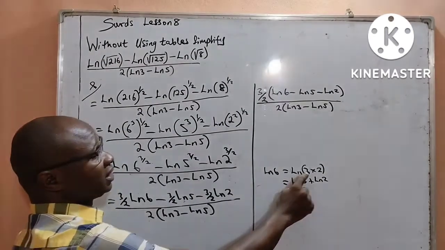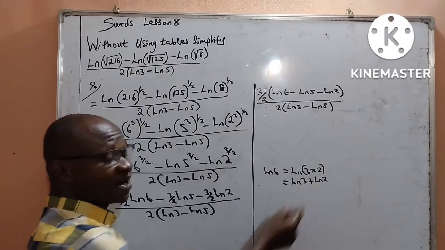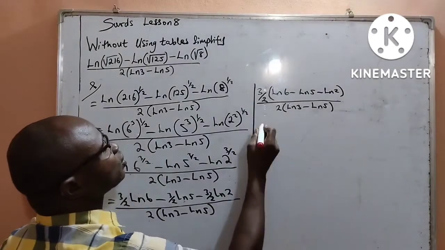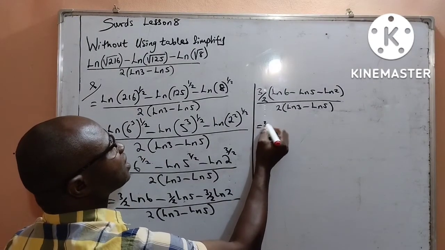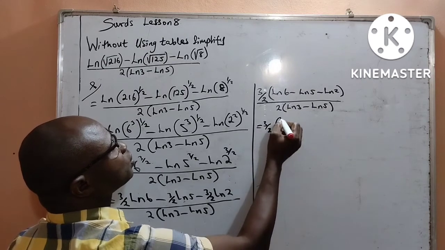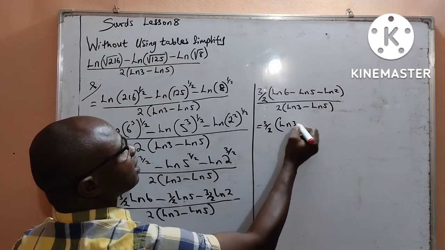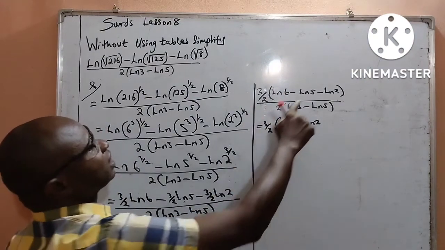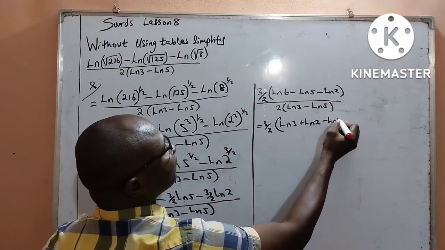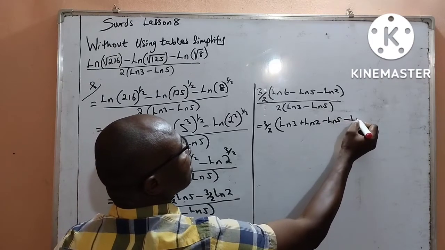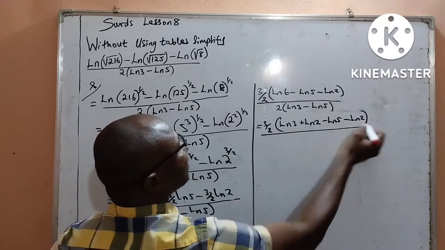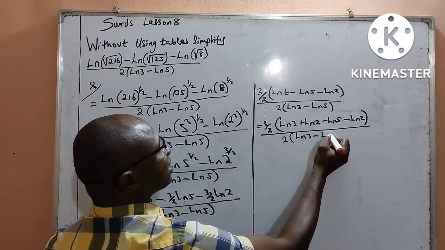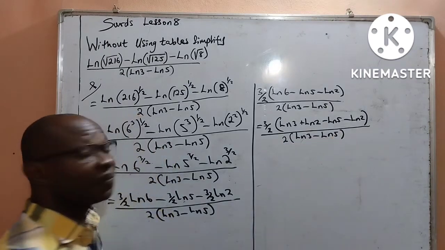That is ln of 3 times 2, now expressed as ln3 plus ln2. When I do that, I have 3 over 2 into ln3 plus ln2, gotten from ln6, then I still have minus ln5 minus ln2, everything divided by 2 into ln3 minus ln5.